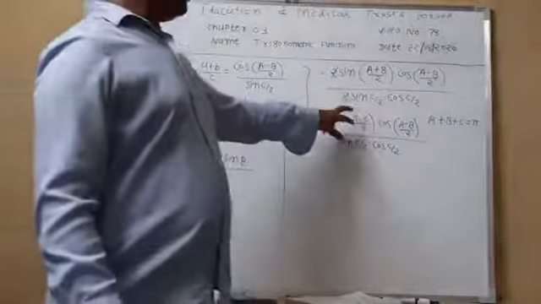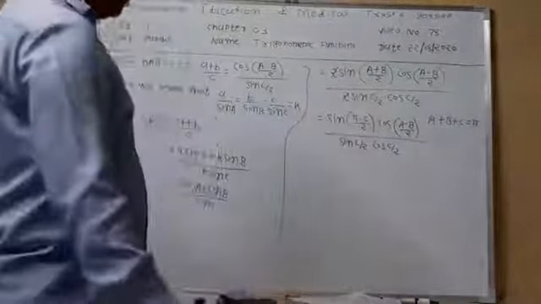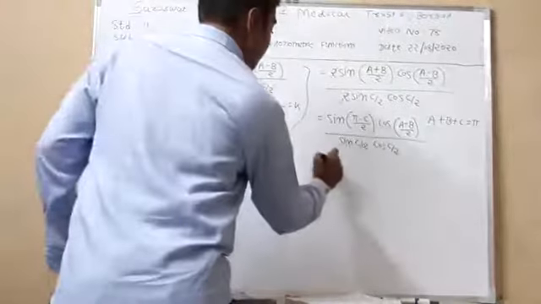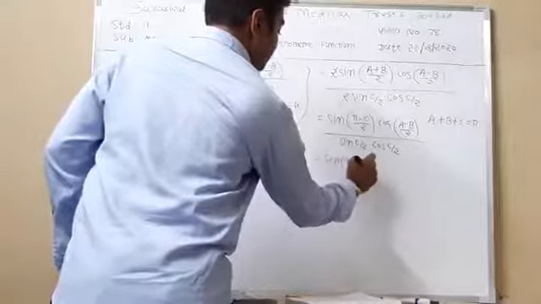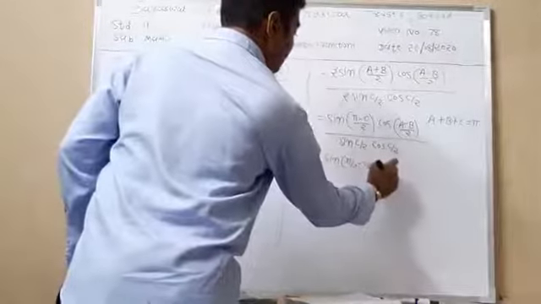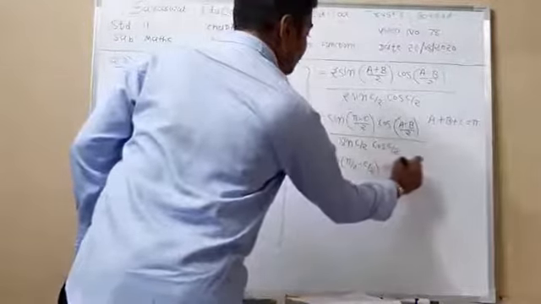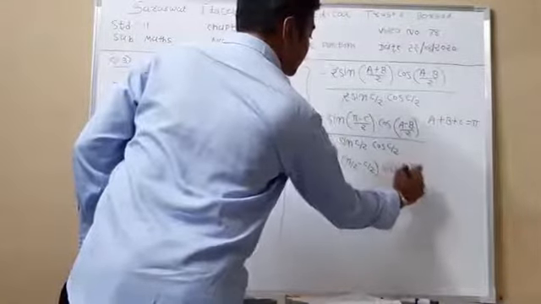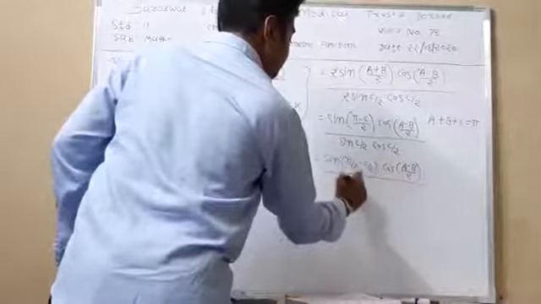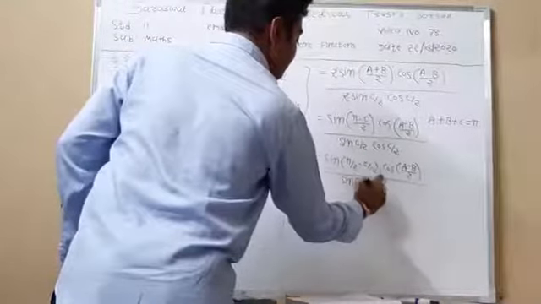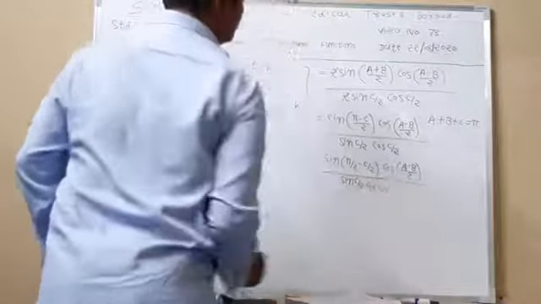Now write this term separately: sin of bracket pi by 2 minus C by 2 into cos A minus B upon 2, upon sin C by 2 into cos C by 2.